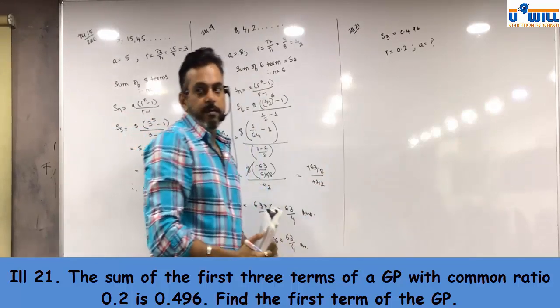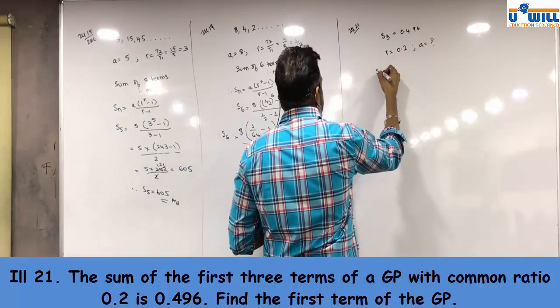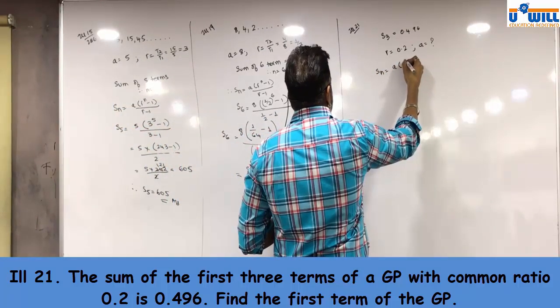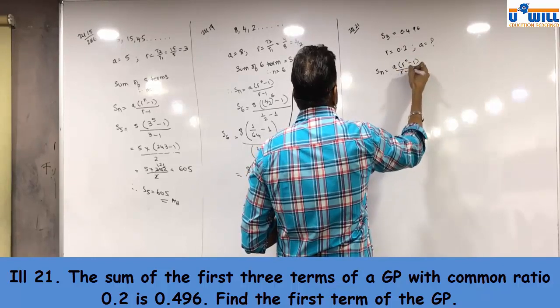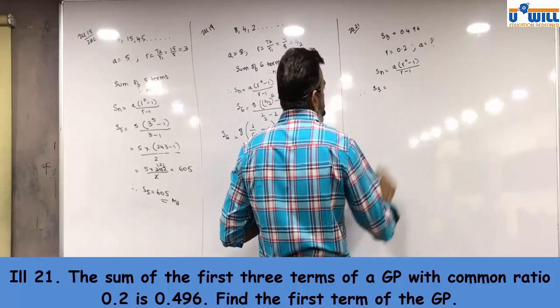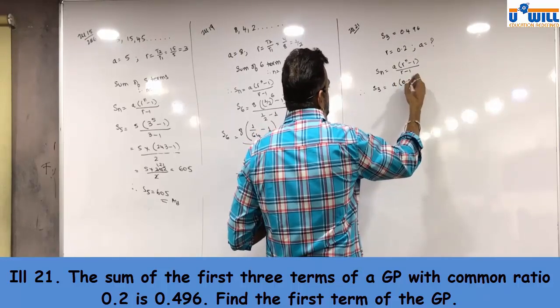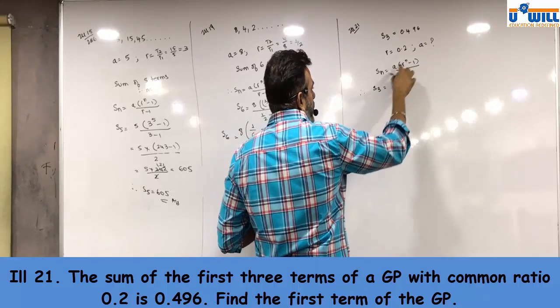कैसे करेंगे ऐसा कोई भी सम है? तो first we write the formula. So we write the formula. Sn is equal to A into R raised to n minus 1 upon R minus 1. Therefore, S3 is A into 0.2 raised to n क्या है? What is n?